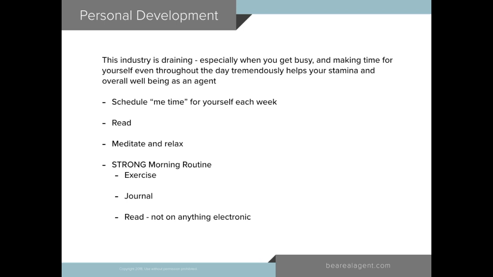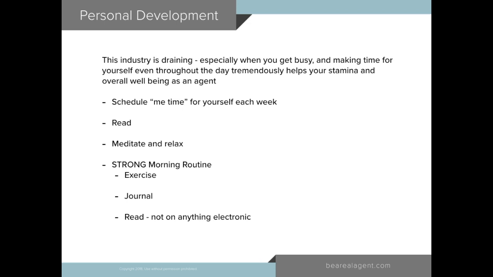So we include this in the actual job description because if you're not functioning, your business isn't functioning. So whatever your me time is, I don't know if it's a massage, if it's heading to the golf course, if it's riding your horse, if it's taking a hike, whatever it is, schedule some me time for yourself each week. It's going to really help you avoid burnout.